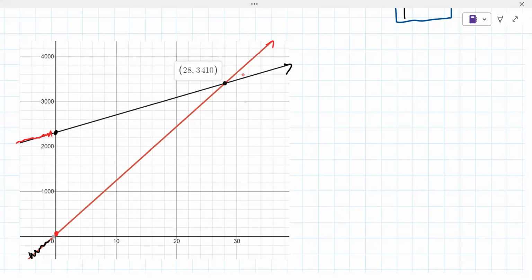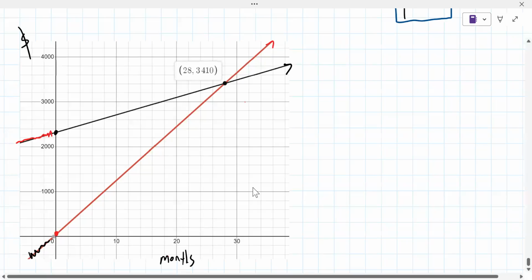So you need to include that on the x-axis is the number of months. On the y-axis is the cost. And only include kind of this positive part. Make sure you include some gridded, major lines on there. Okay.